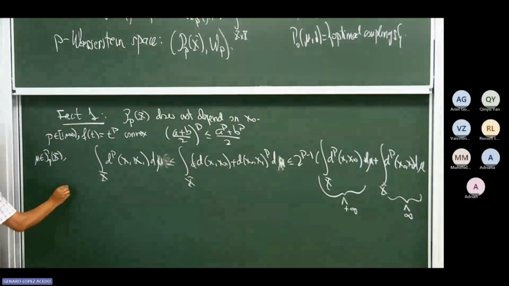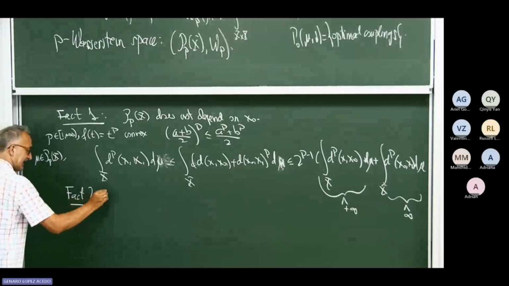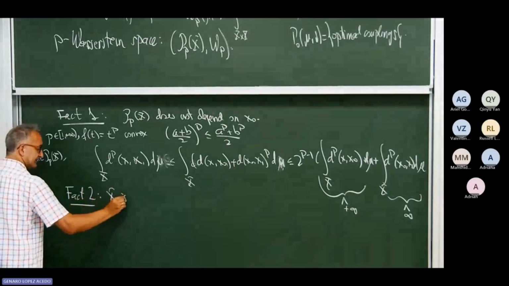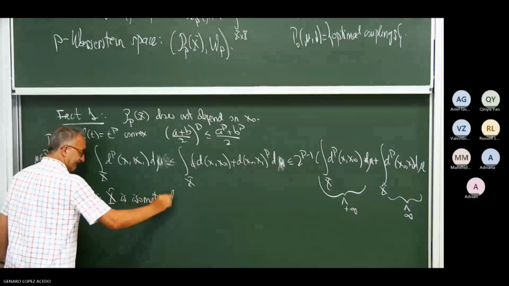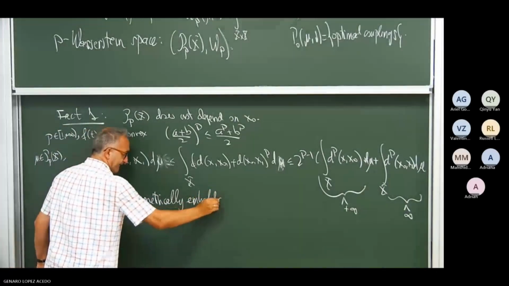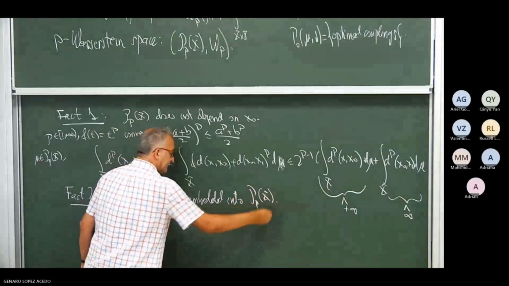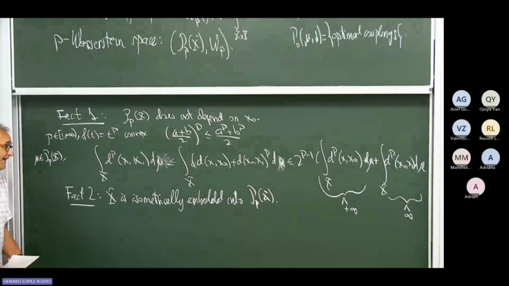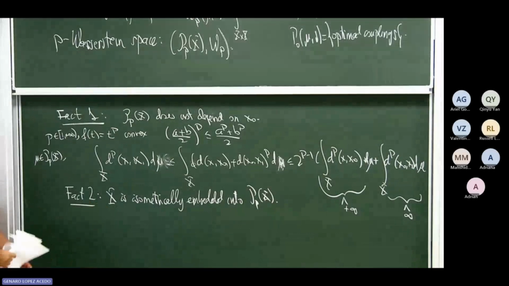And the other thing that we also said last week is that we can find a copy of X inside the Wasserstein space for p.